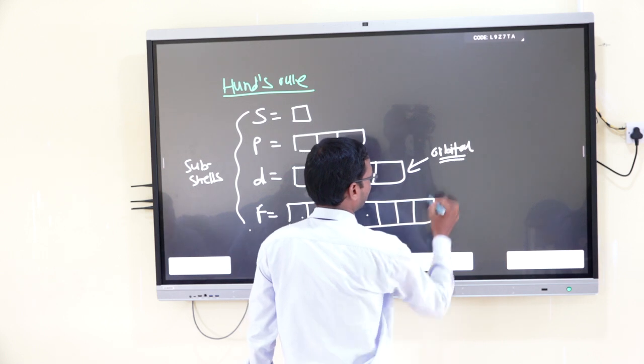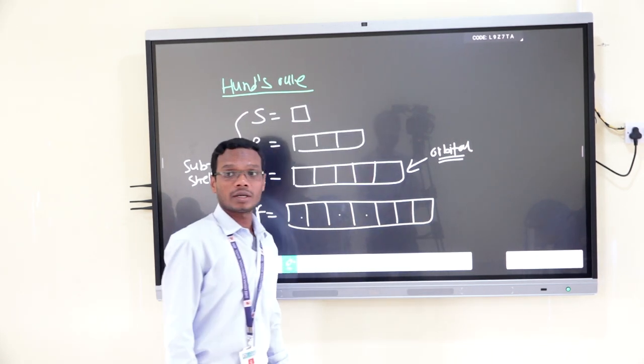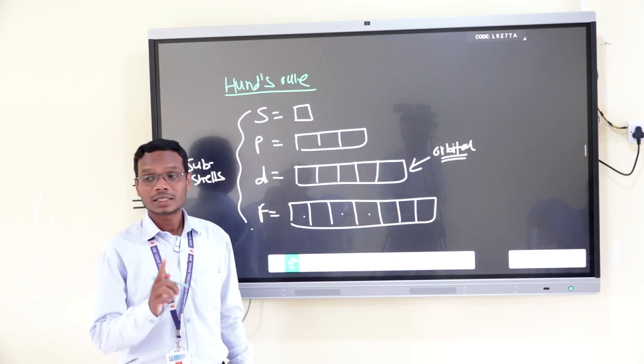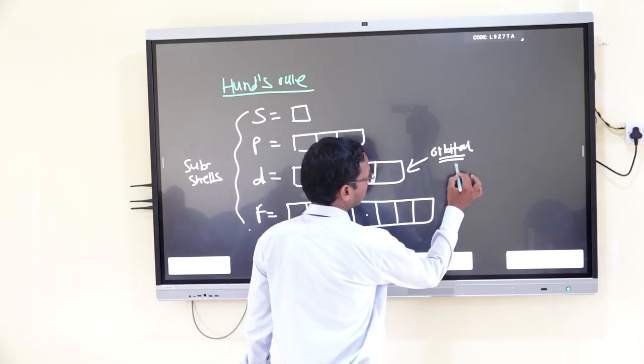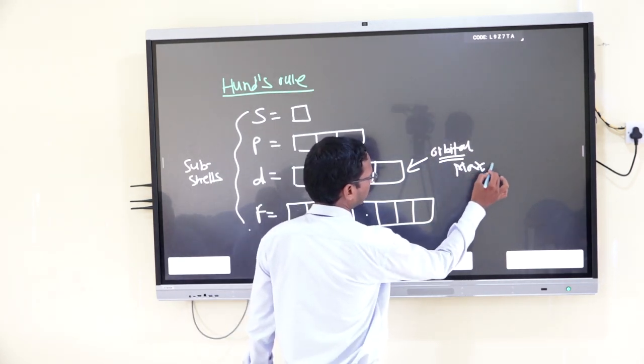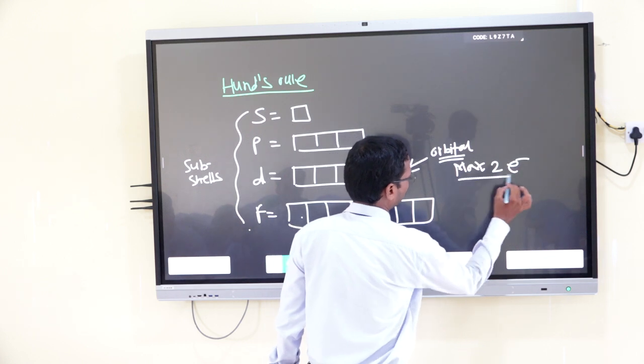Now say, what is the number of electrons in an orbital? In an orbital, there are a maximum of 2 electrons.